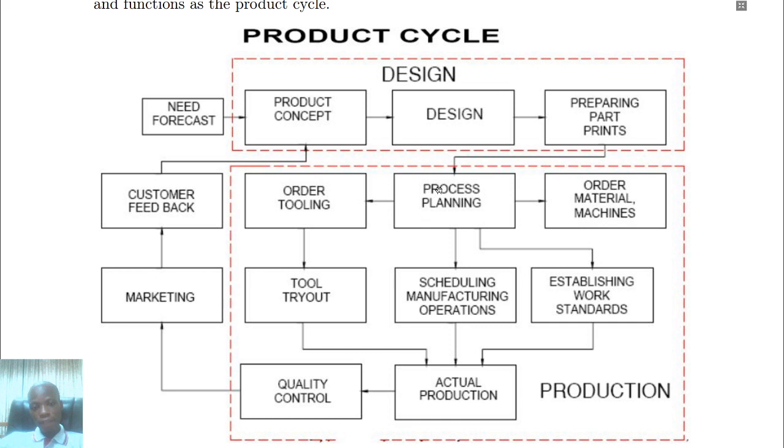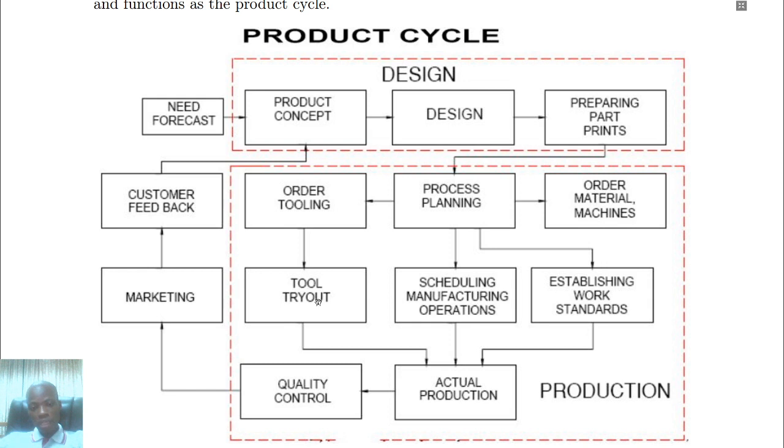Then from there, the order of tooling will have to come in. As you are planning the process, you need to consider the order of tooling, the tools that will be used to produce the part or the product. Then the order of material, and then the machines that you are going to use to produce that part, you have to consider them. And then the material that will be used, you have to consider them.